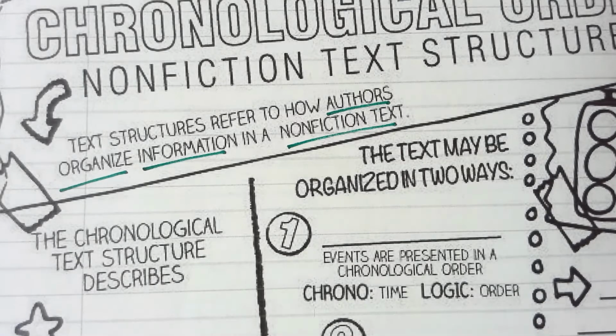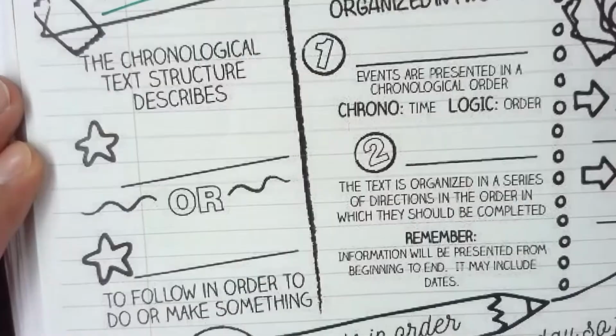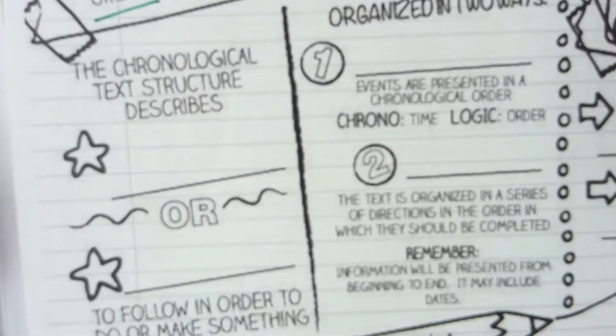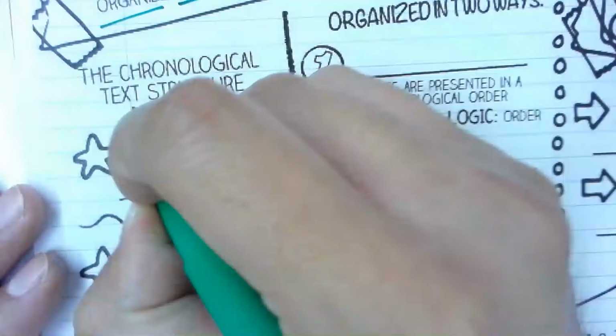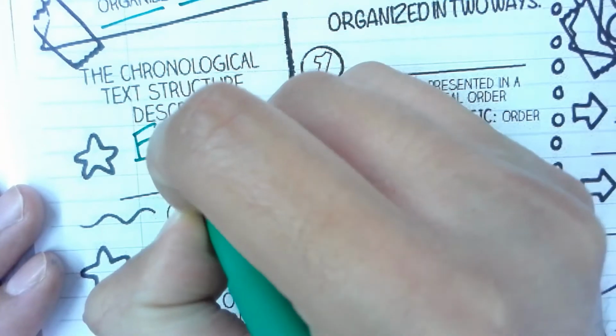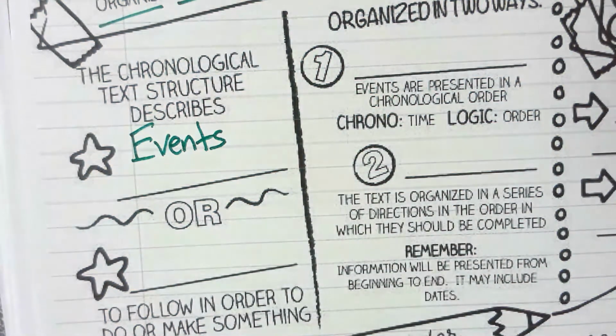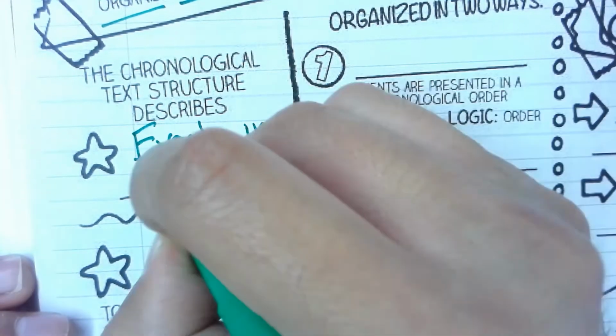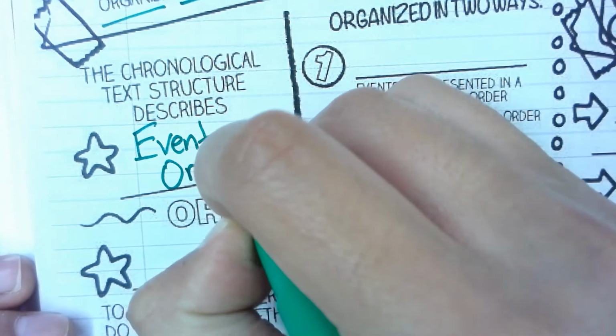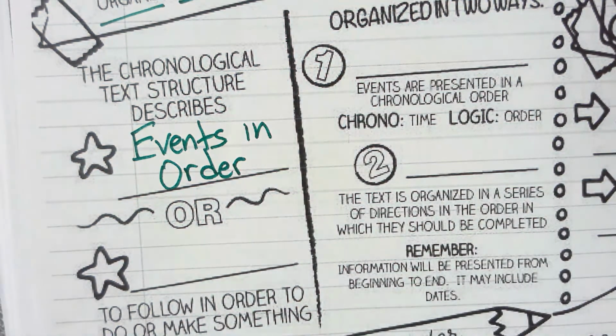The chronological text structure describes events in order. That's all chronological means.